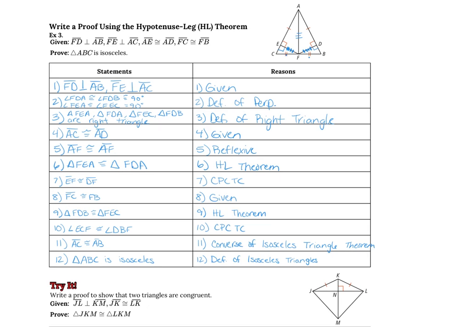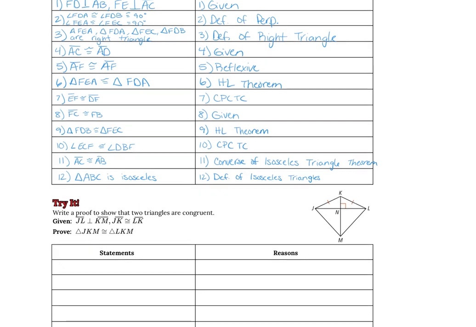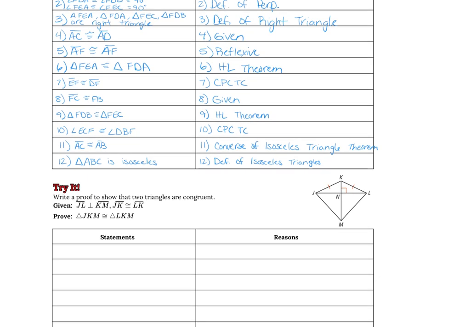All right, our next one, our try it. We are given our perpendicular bisector, or just perpendicular. They didn't tell us it's a bisector, so we're given our perpendicular JL and KM, and then we're told that JK is congruent to LK.